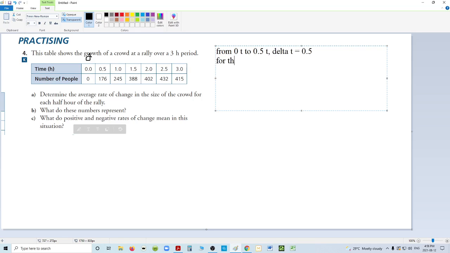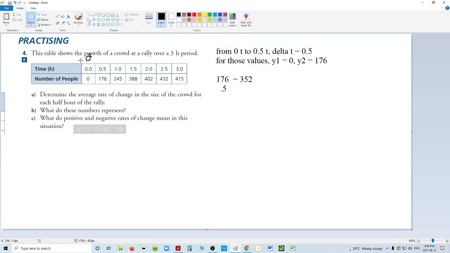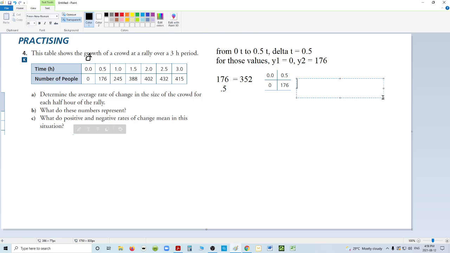During that time, y1 is equal to 0, and y2 is equal to 176, which means we're looking at 176 minus 0 on the top, which is the delta y, and 0.5 minus 0 on the bottom, which is going to equal 352. So the average rate of change between those values is 352. It's quite a steep slope, and it's positive.